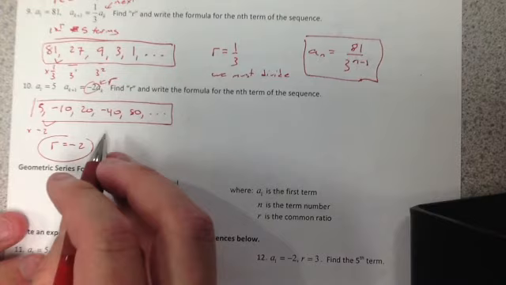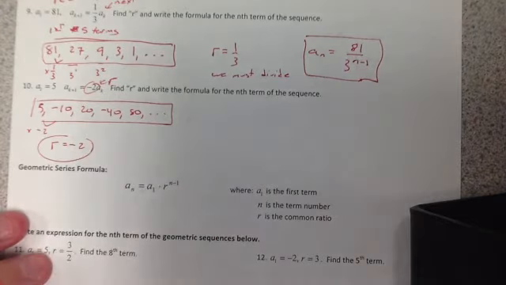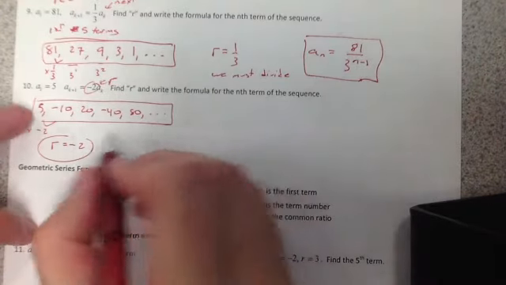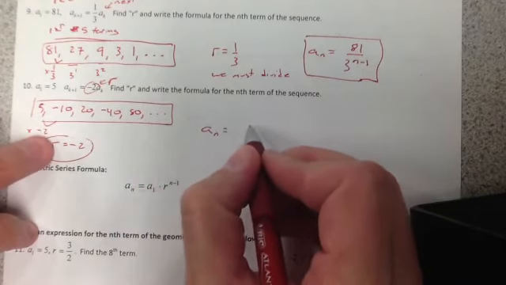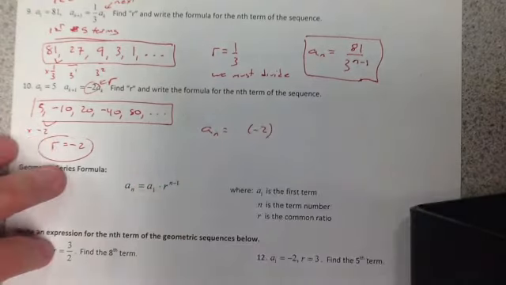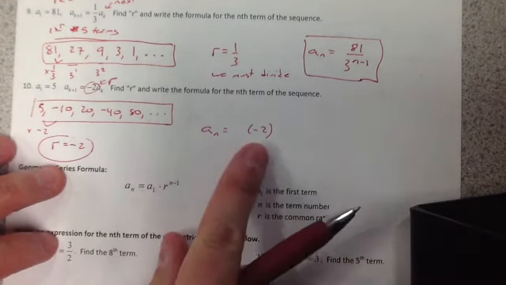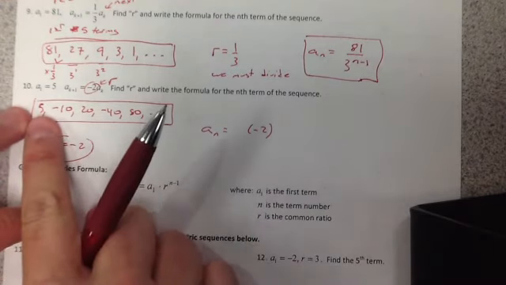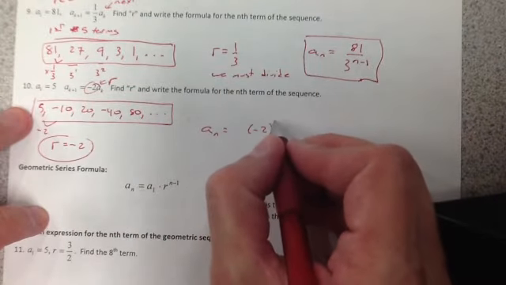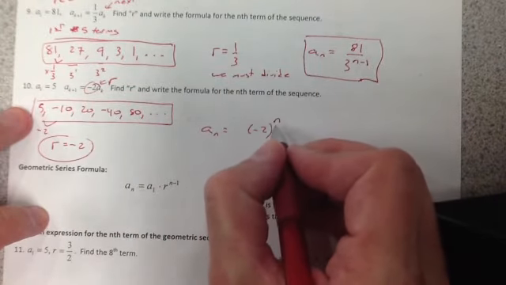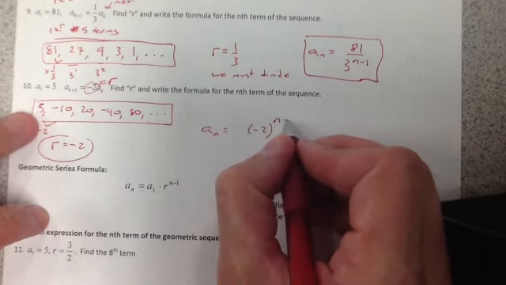So let's get the nth term for this one. Because we are multiplying by -2, we know it's going to be -2 to something, because that's our constant multiplication. Now, my first number has to be 5, so this has to go away. The only way I can make that go away is if that becomes 0. So that's my first term, so I make it n minus 1.